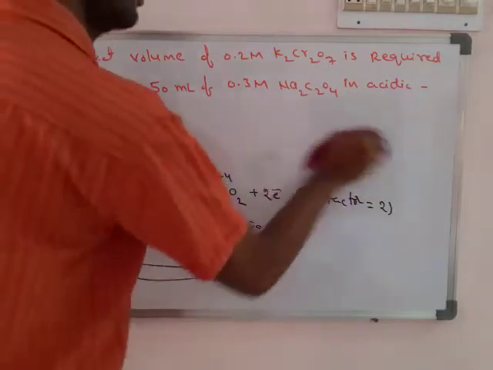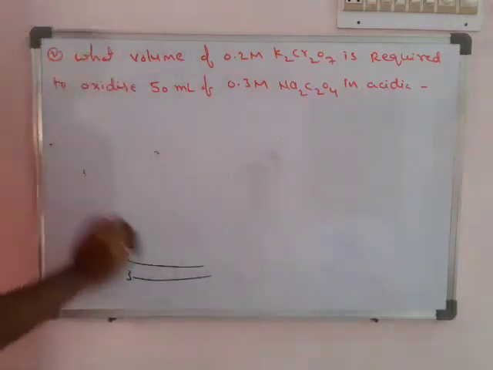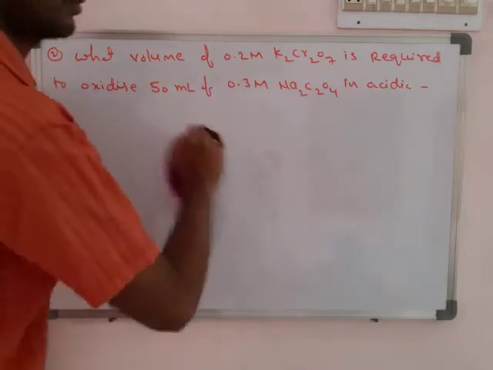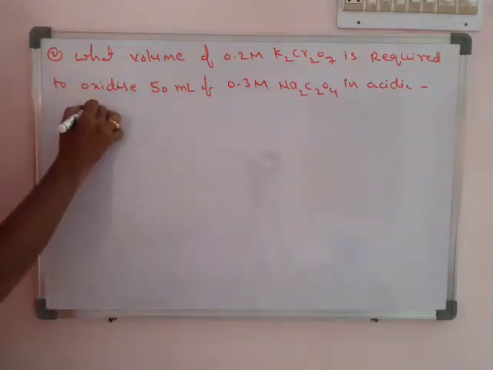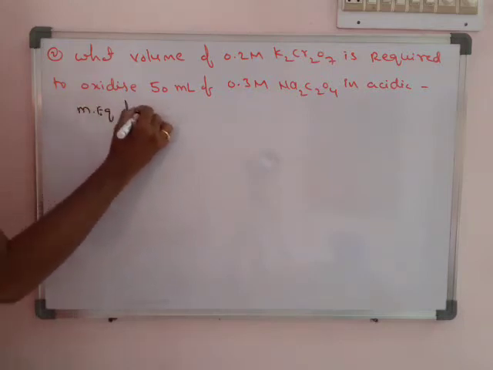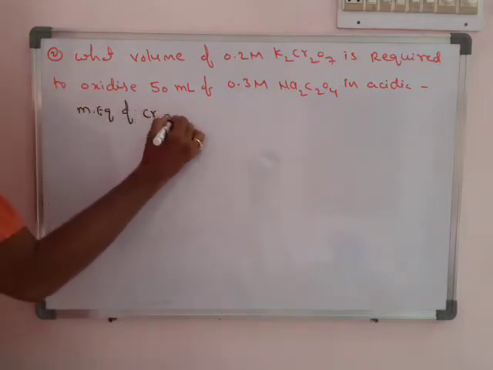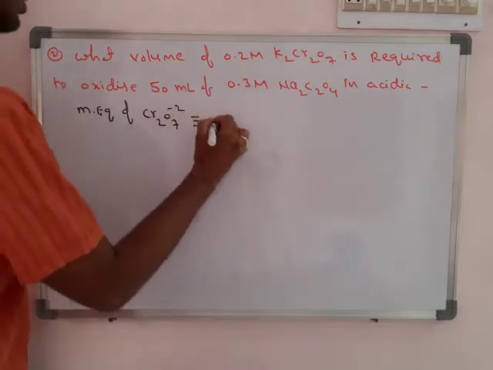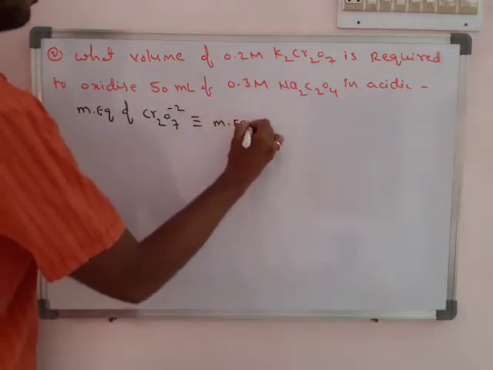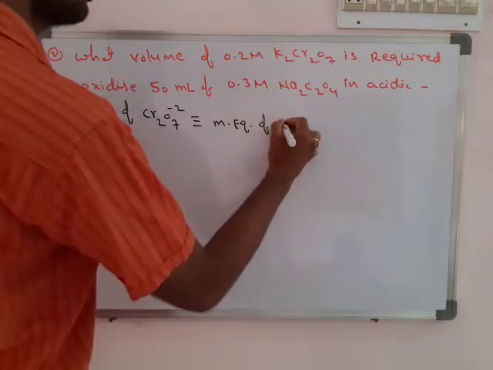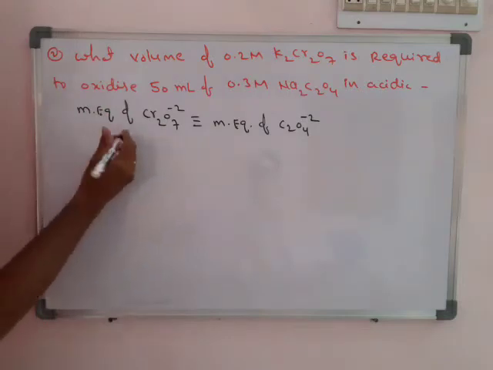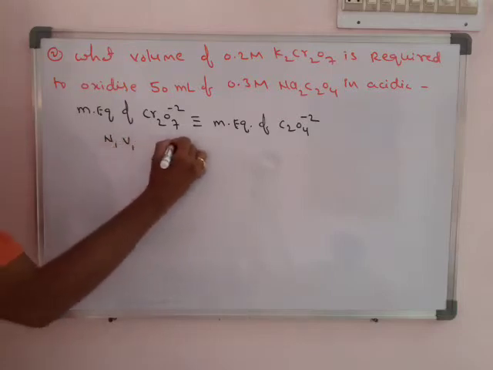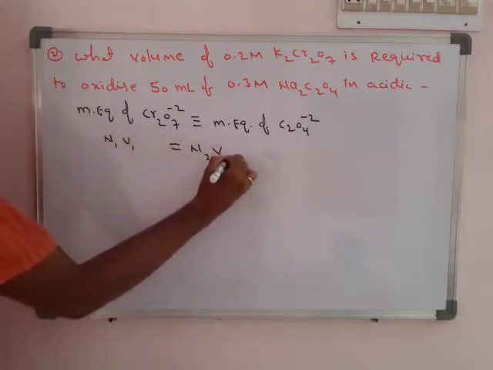After that, for oxidant and reductant, we can write the milli equivalents of potassium dichromate Cr2O7 minus 2 equal to milli equivalents of oxalate C2O4 minus 2. Milli equivalents means normality into volume, so N1V1 equals N2V2.